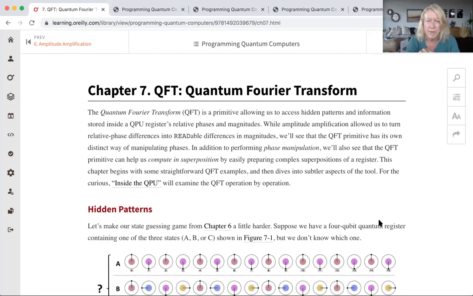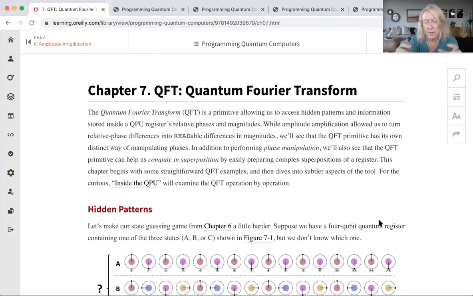So we're going to do phase manipulation. And as we were talking about last week, this QFT primitive can help us to compute in superposition. And really, that's a big part of the power of the QPU. Because of course, when we read something, then we're done, because we're back in the normal world. So being able to do manipulation while we're in superposition is part of the power of this.